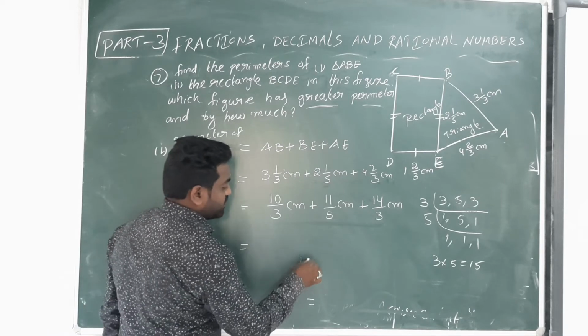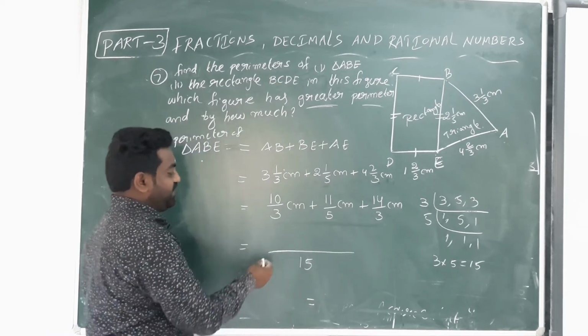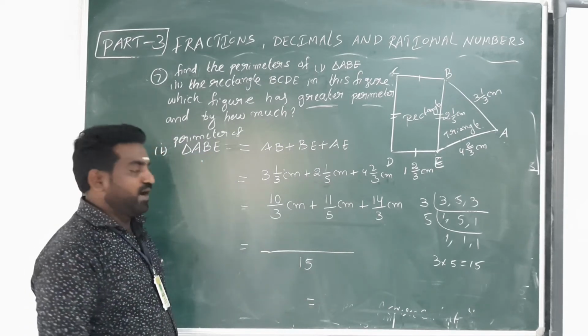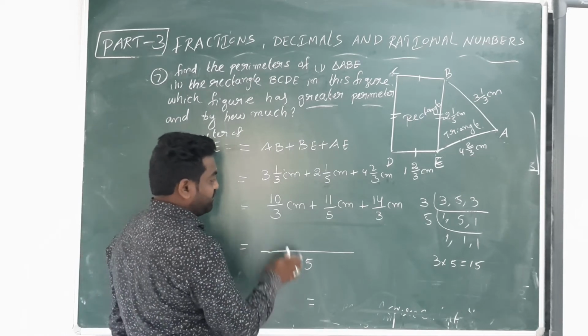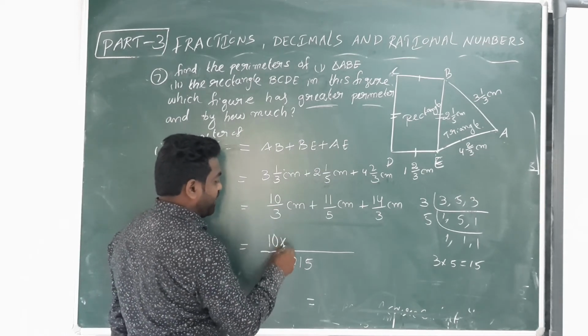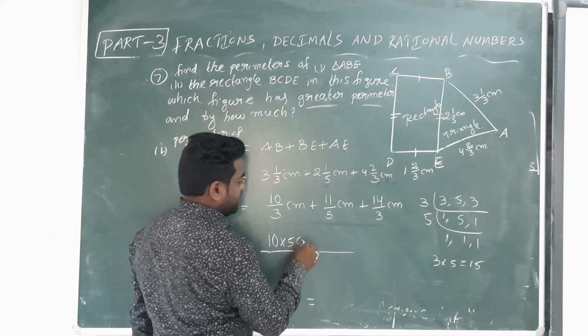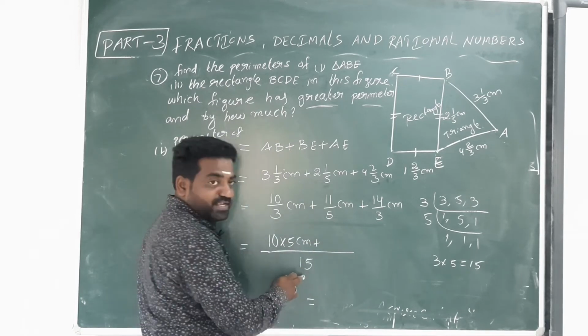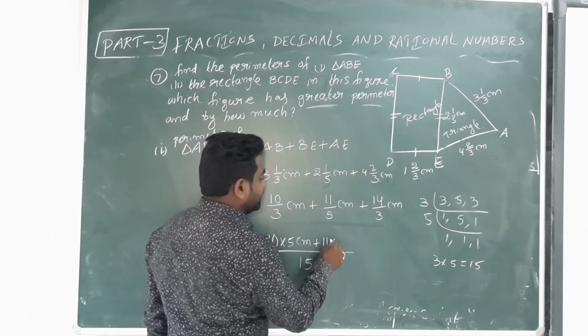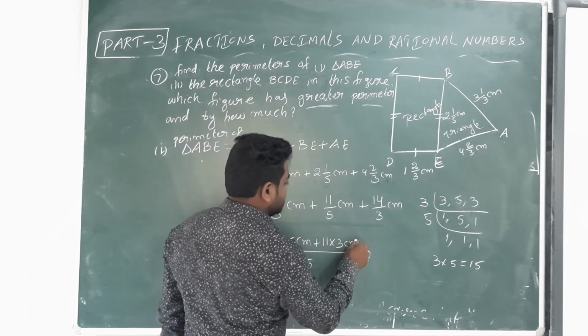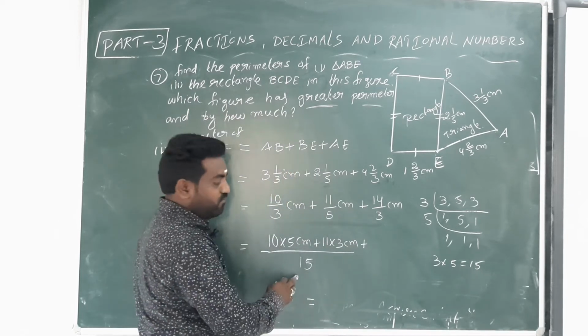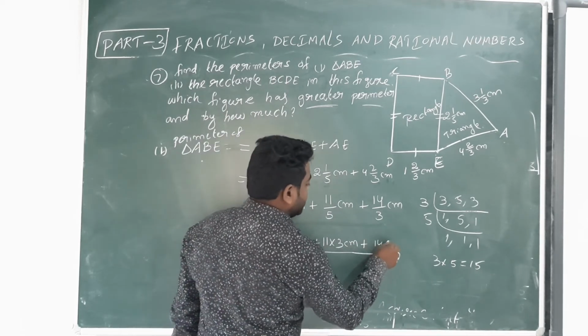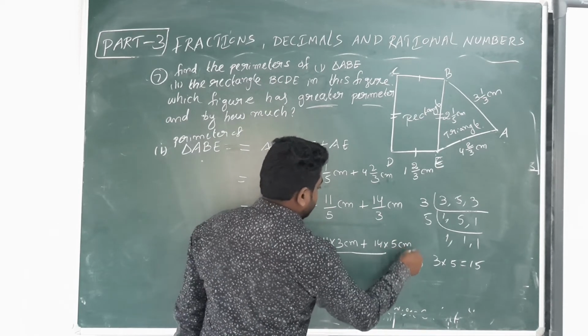Take LCM 15. 3 table in 15, 5 times, so we multiply 10 into 5 centimeters, plus 5 table in 15, 3 times, 11 into 3 centimeters, plus 3 table in 15, 5 times, 14 into 5 centimeters.